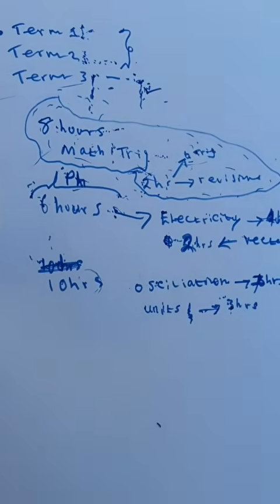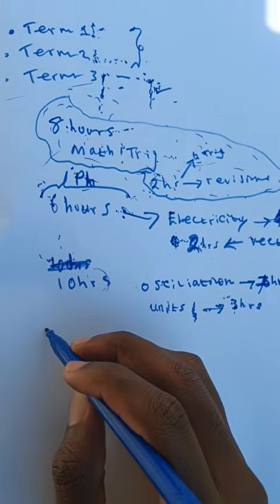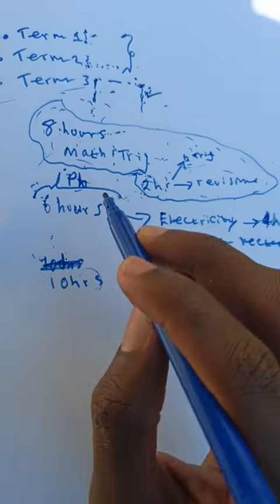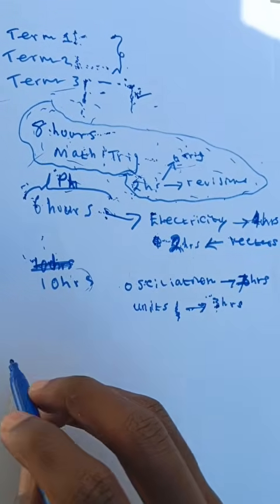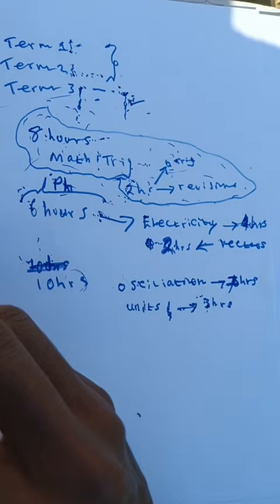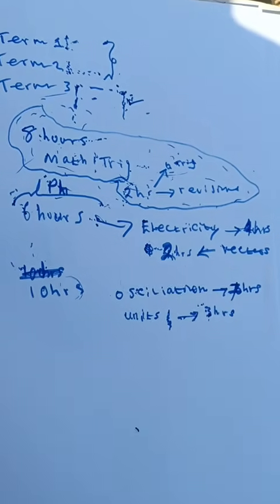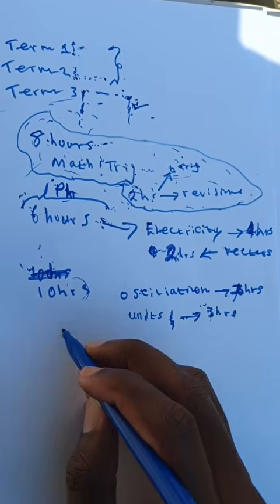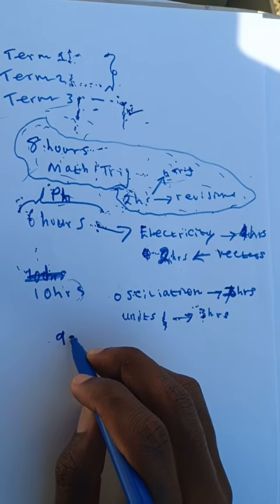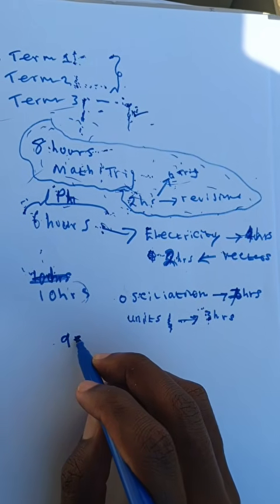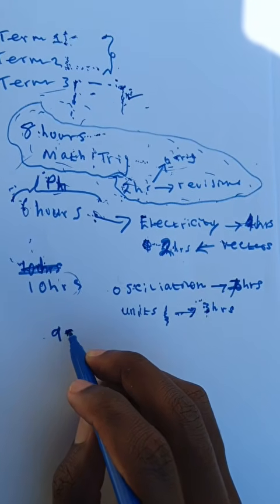Here's the mistake people do. They will focus on term 3 work. What they do is this. They will plan, first I finish term 3 work, then later I'll revise. Some will start, okay, first I'll start with revisions, then later I do term 3 work. Trust me, from my observation, even me, this didn't work when I tried it in some courses.